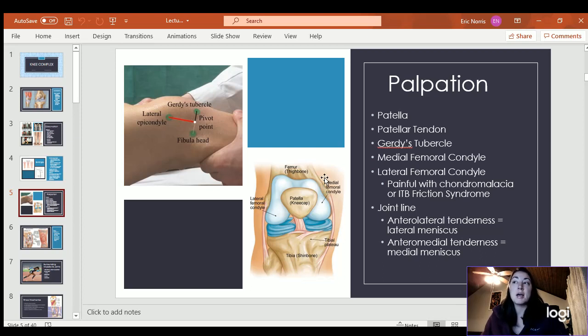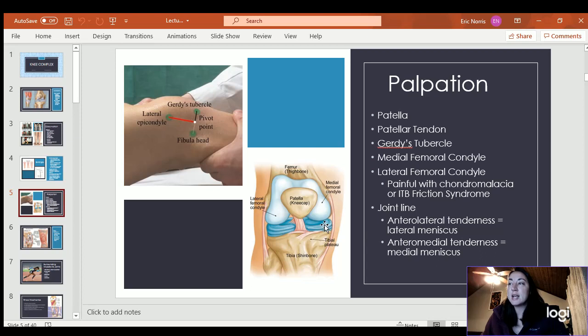So certainly the bottom portion is the condyle. The internet may tell you that the very lateral portion of the knee is still considered the epicondyle. But again, I didn't find it in the textbook, so we'll just refer to them as the lateral and medial femoral condyles. And then we'll look at when those are painful.